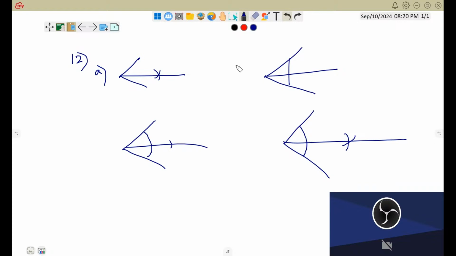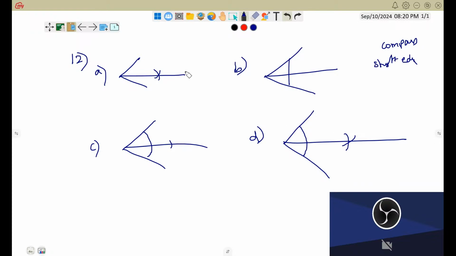Check A, B, C, D. Four options I gave. See, by observing these diagrams, what is the correct mathematical construction by using compass and straight edge?